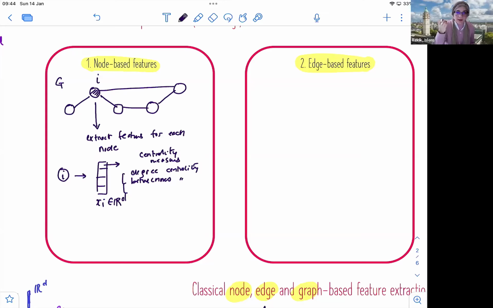Is it a node that connects different parts of the graph? So it's very important. We can use these topological measures, and for example, if the degree of this node is 3, we can put 3 here. You can see that manually we can extract these features only from the topology of the graph. Each node i will be represented by this vector, and then we can learn on these nodes.